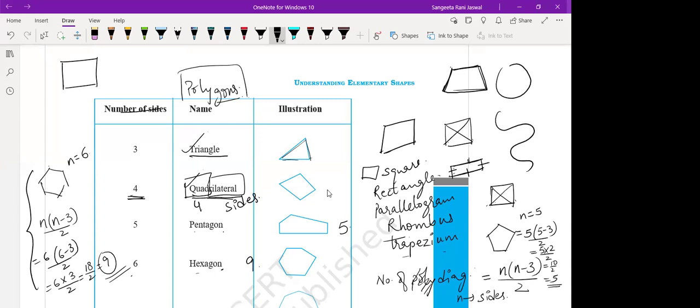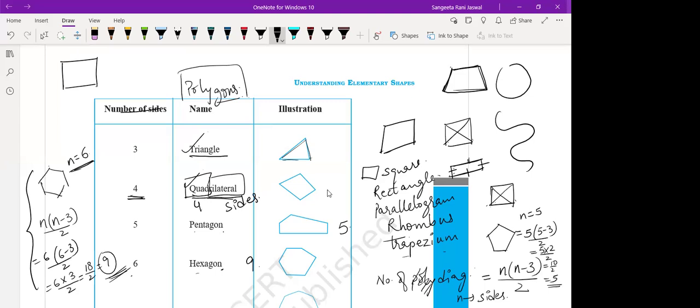Suppose you have a six-sided figure like this, children, a hexagon. The number of sides is 6. When you apply the formula n into n minus 3 by 2, n is 6, so in place of n you write 6. 6 into 6 minus 3 divided by 2. 6 minus 3 is 3, and 6 into 3 is 18, divided by 2 is 9.